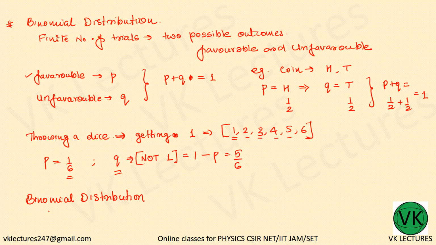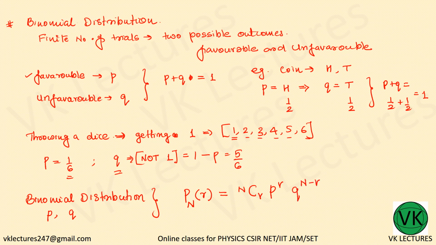For the favorable probability P and the unfavorable probability Q, we can write the probability of getting r times the favorable outcome out of n trials. So Pn of r represents the probability of getting r times in favor, where the total number of trials is n, and is equal to nCr P power r Q power n minus r.